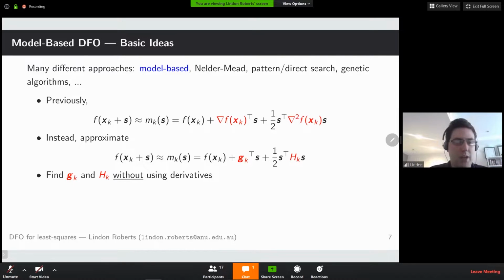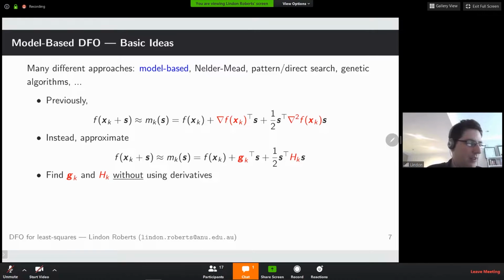But some of you may be familiar with the Nelder-Mead method. There's also a large family of algorithms called pattern search or direct search. There's genetic algorithms. There's many, many different flavors. But I'm only going to talk about one of them here. The way we do it is we want to use basically the framework we had before.